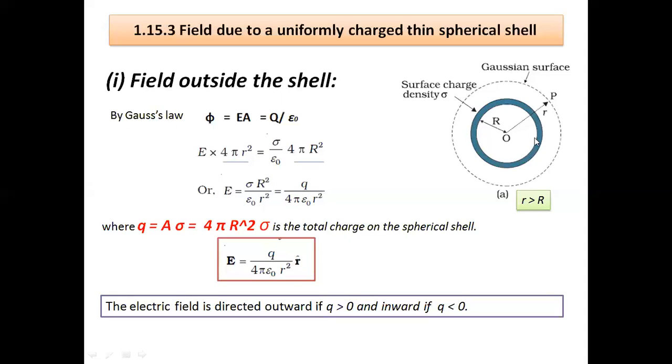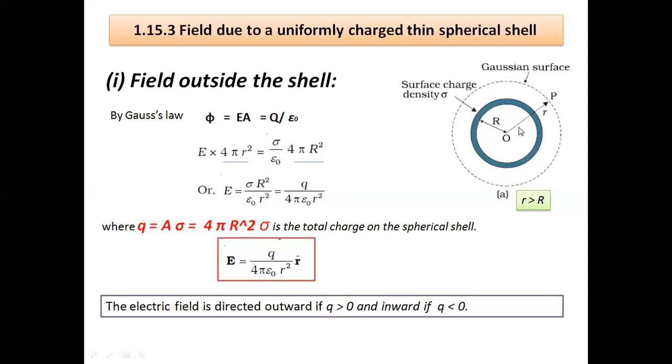Suppose outside of this there is a point P where we have to find the electric field due to the charges distributed over the surface. Let the radius of this sphere be capital R, and the point P is at a distance small r from the origin.